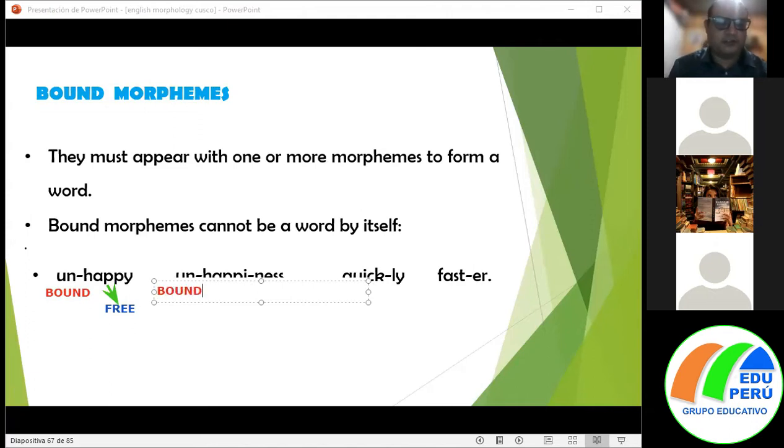Un is bound and ness is a bound morpheme. Notice we have three morphemes. This word unhappiness has three morphemes. One free, that is happy, and two bounds.